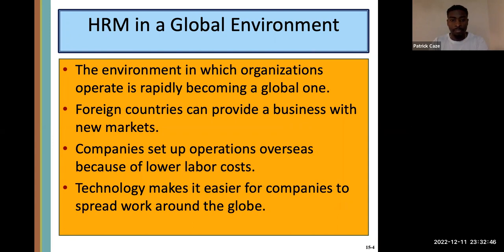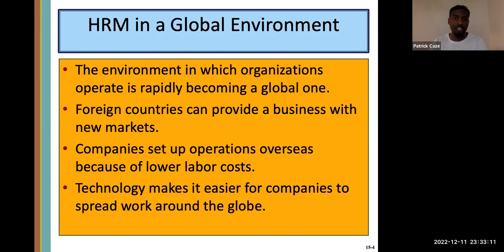So it's easy to be working for a company with multiple locations all across the globe, dealing with different people from different environments, and you have to learn how to manage them, right? How to manage their currency, their pay, their vacation time. We are starting to really operate as one entity.